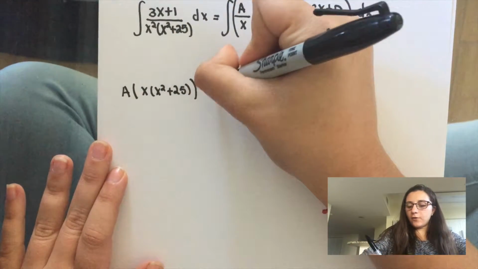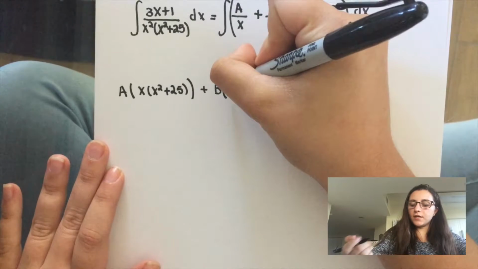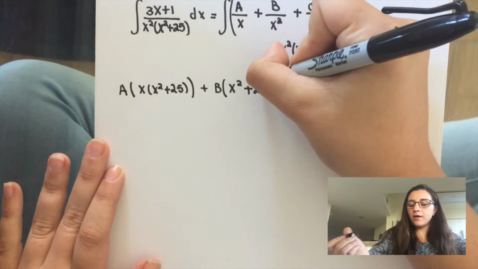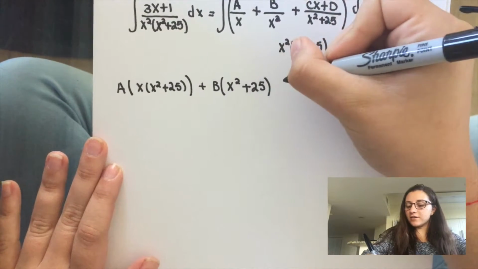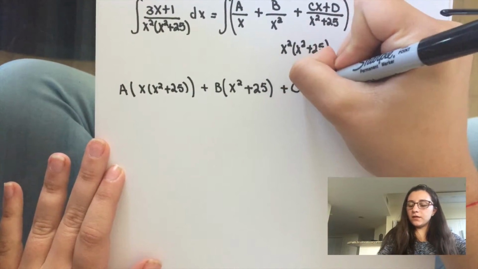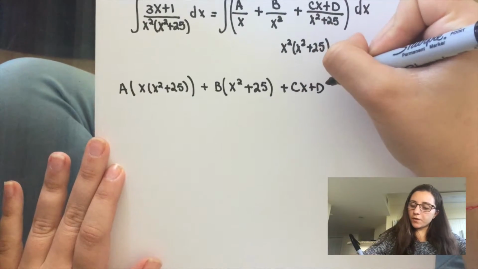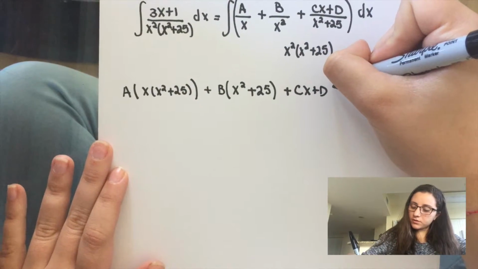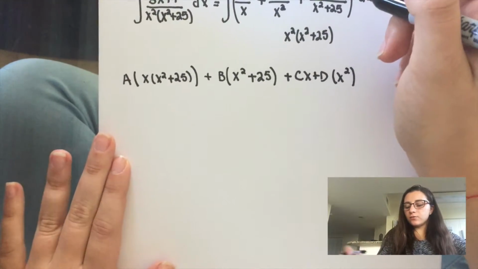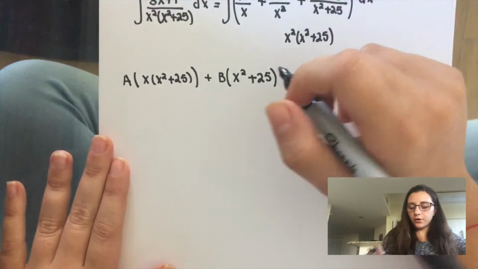And then we have our B, which is missing an x squared plus 25, so it's going to be B times x squared plus 25. And then the Cx plus D is simply missing an x squared, so we're going to put Cx plus D times x squared. So now all that is left to do is just FOIL.